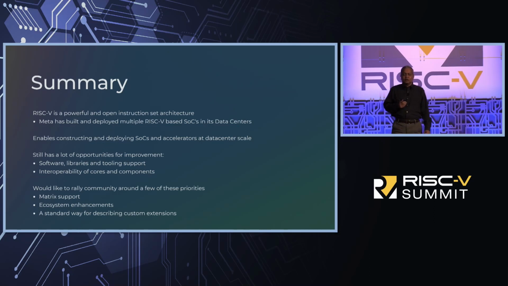And there is still a lot of opportunity for improvement, as I talked about before: some of the software side, some of the libraries that we need to develop and tooling support, and then obviously the interoperability of cores and components. And then we would like to rally a community around a few of these priorities like matrix support, ecosystem enhancements, and a standard way for describing custom extensions. Thank you.